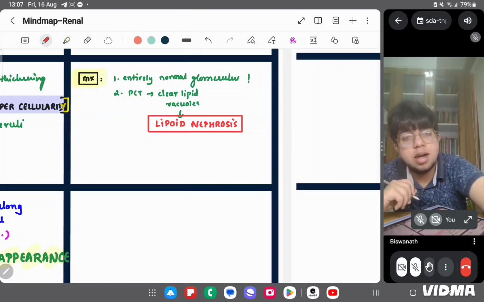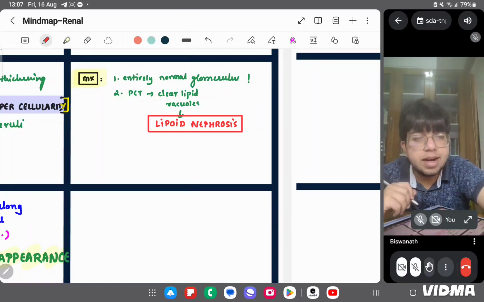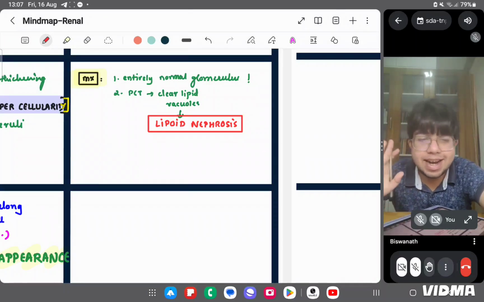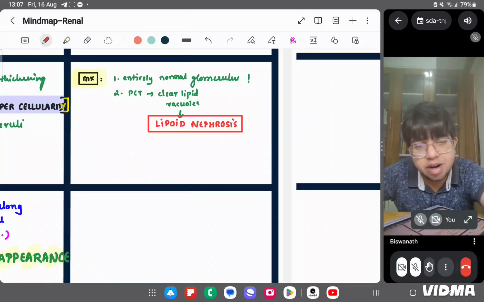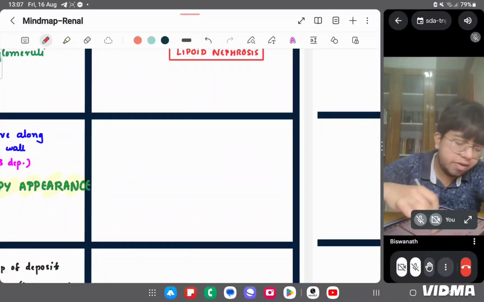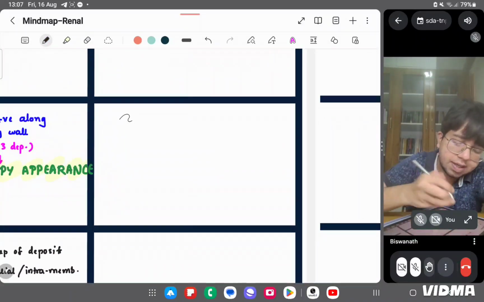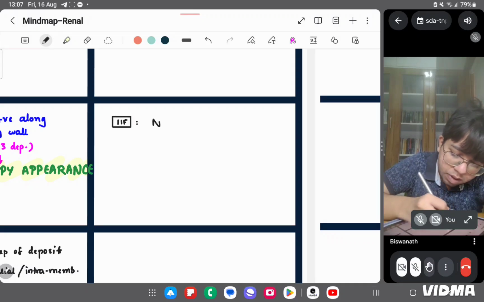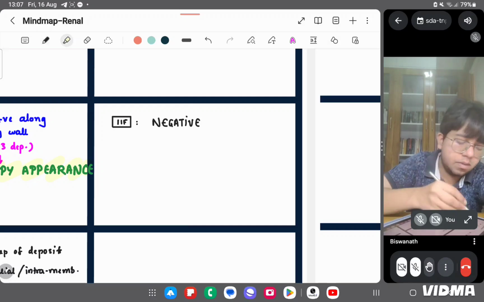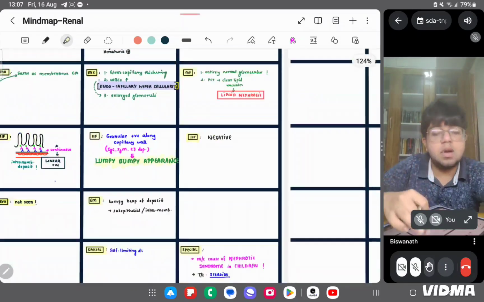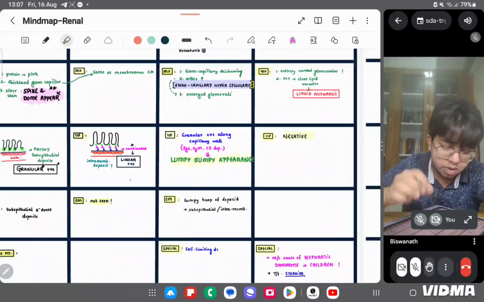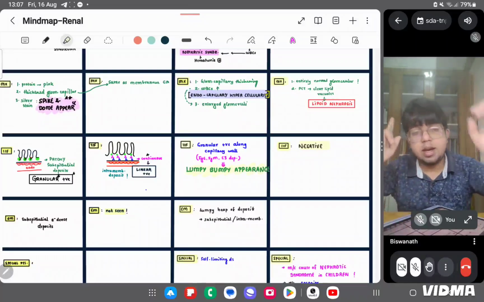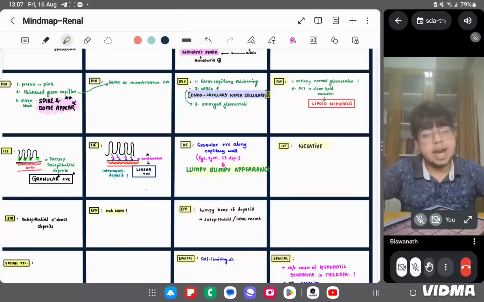Understood? Done? Okay. After that, the immunofluorescence. As the glomerulus is entirely normal, what will you find in immunofluorescence? Nothing. Immunofluorescence is negative, a big negative. In membranous glomerulonephritis, it was granular positivity.